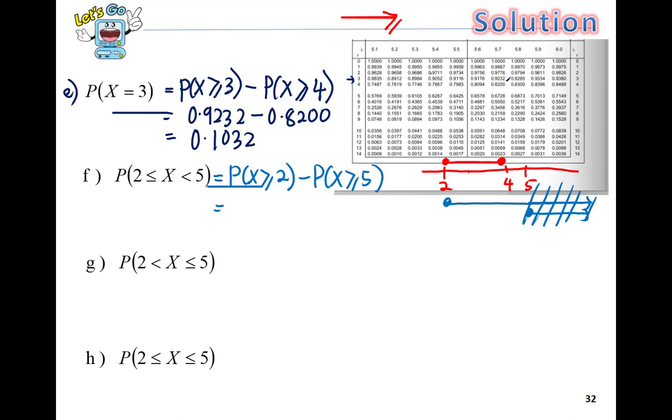Now refer to the table. For greater than or equal to 2, r equals 2, the probability is 0.9776, minus r equals 5, 0.6728, which gives 0.3048.